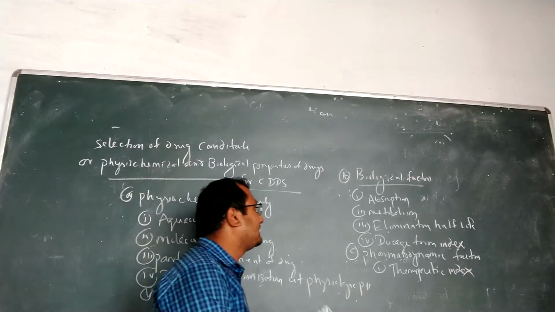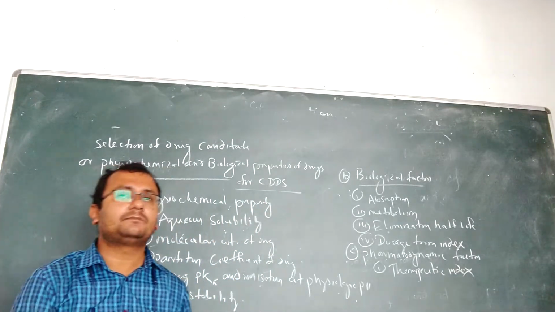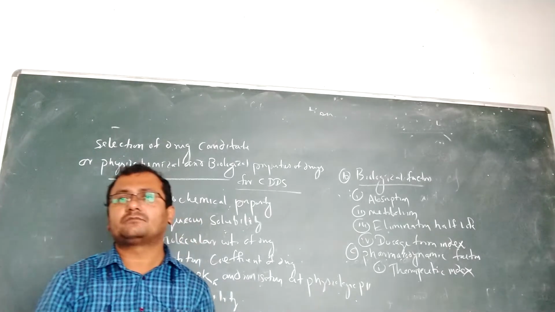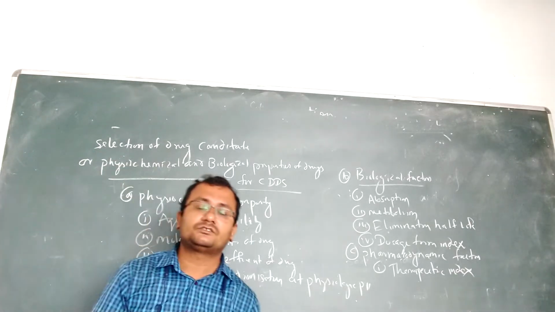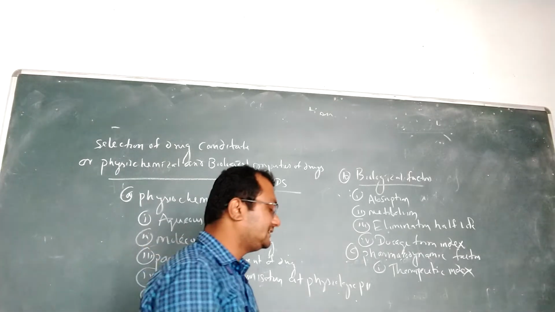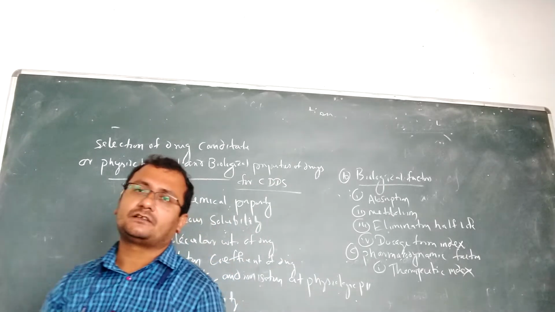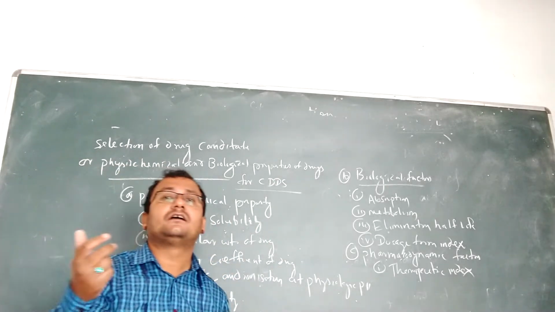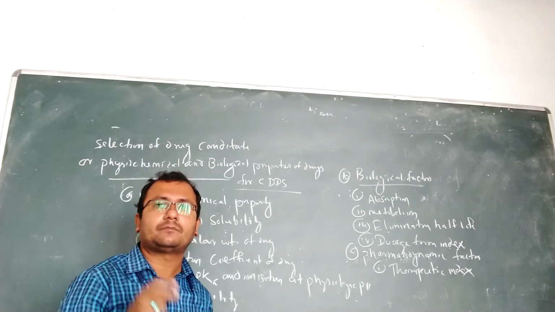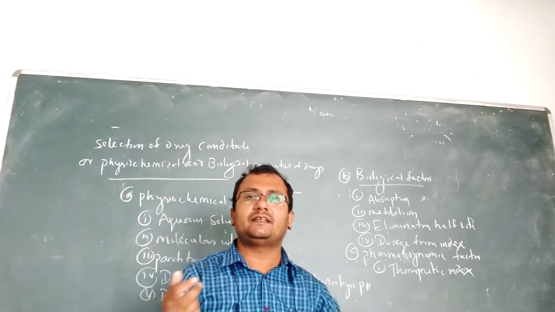Then coming to metabolism. Some of the drugs are metabolized; generally metabolism means the active form will change to the inactive form. Some drugs are rapidly metabolized, undergoing first pass metabolism. In these cases we should not choose this type of drugs, because they will be degraded very fast.